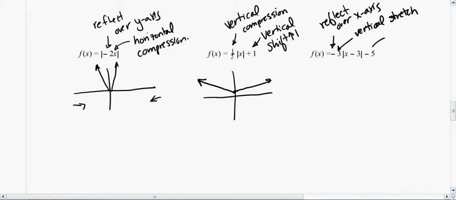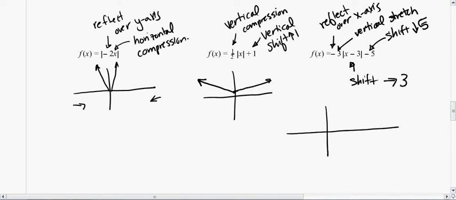Also on the outside, I'm subtracting 5, so that will be a vertical shift down 5 units. And on the inside, I've got a horizontal shift. It's going to be a shift to the right 3.